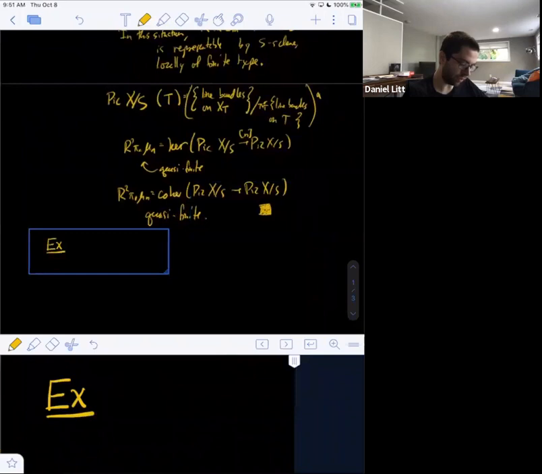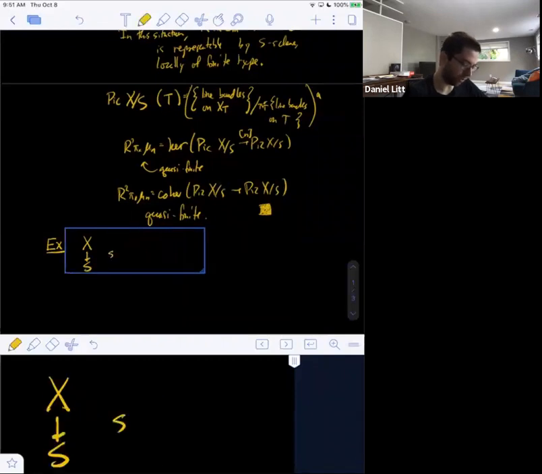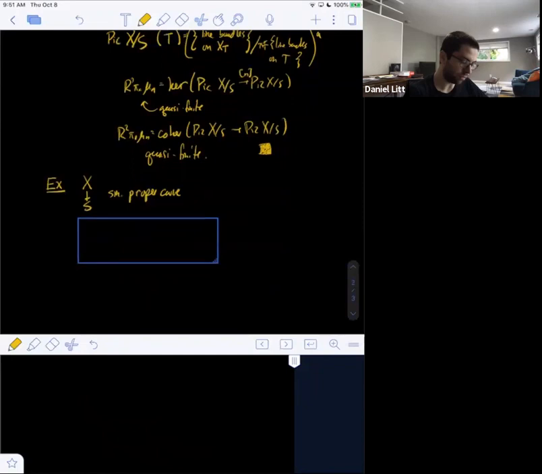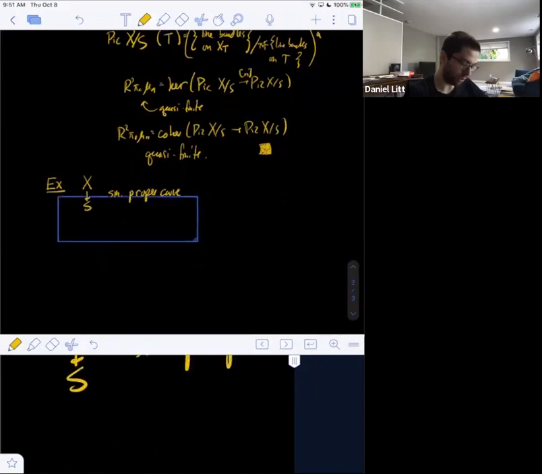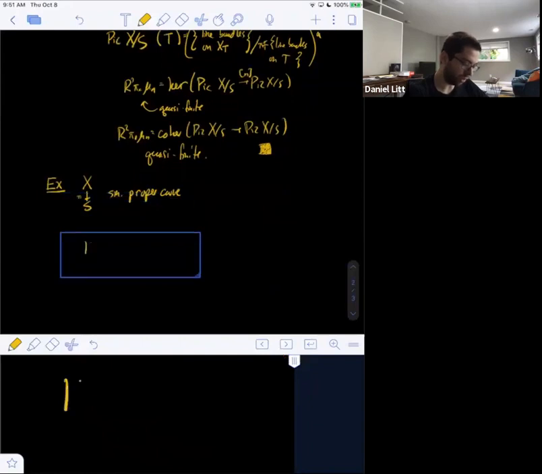So let's say we have X to S, well, let's suppose X to S is a smooth proper curve. So let's call this pi, and let's just think about what happens when we compute H^i of X étale with coefficients in, let's say, Z mod nZ.